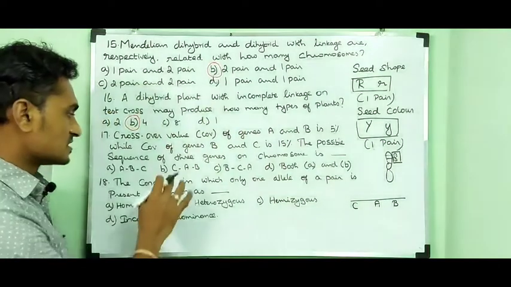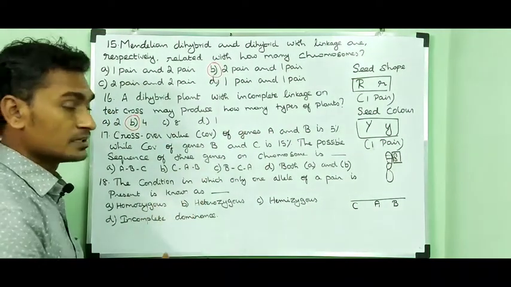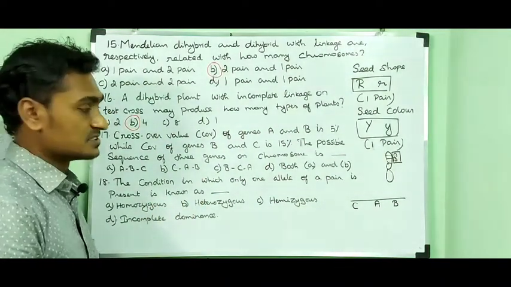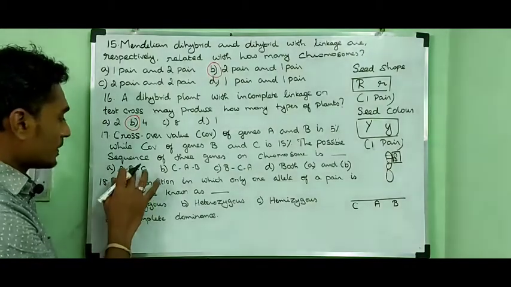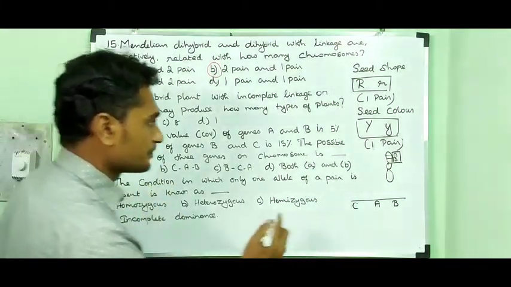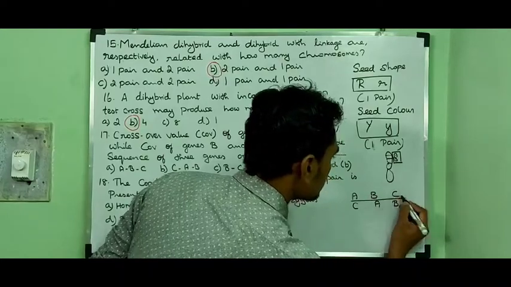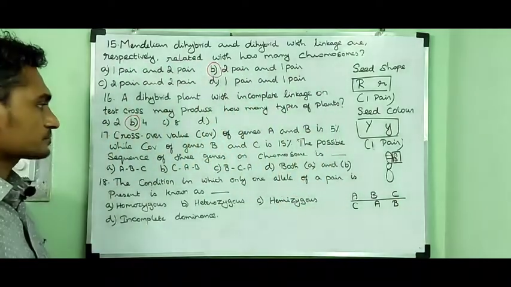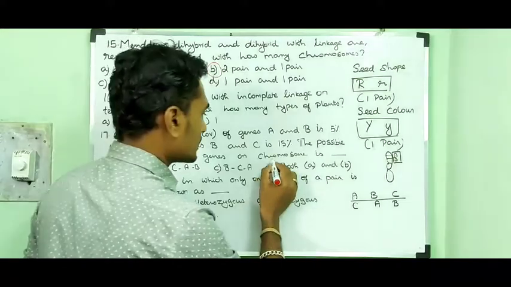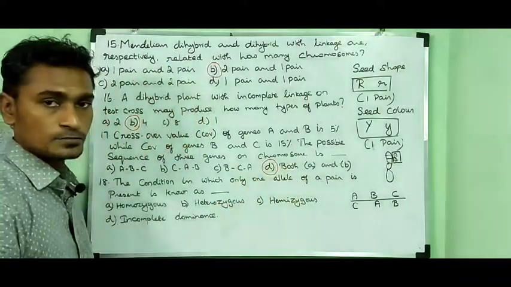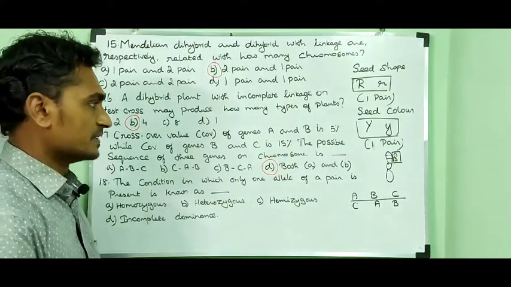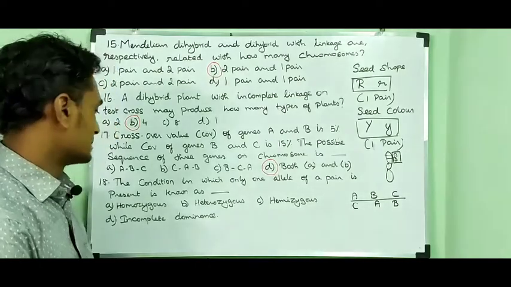So C, A and B is one possibility, and another possibility is A, B and C. So option D, both A and B, is the right answer.